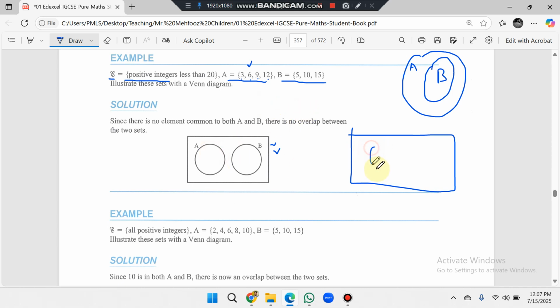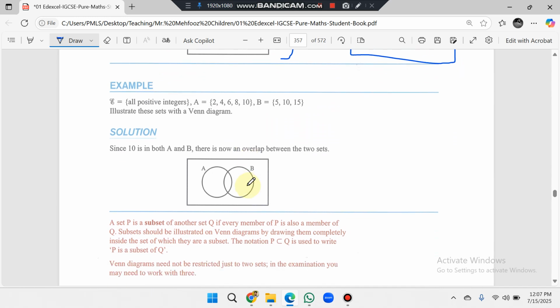So A is this one and B is this one. So this is the set A and this is the set B. This is called the Venn diagram of the given sets. Since there is no element common to both A and B, there is no overlap between the two sets. This is the Venn diagram. Do you understand this Venn diagram or not?